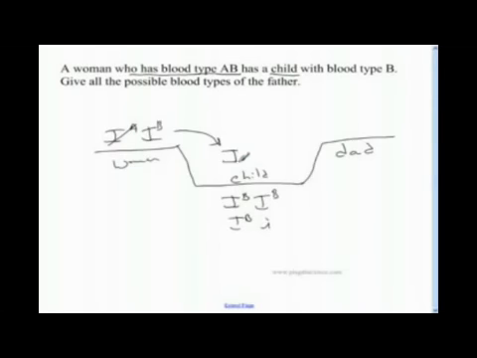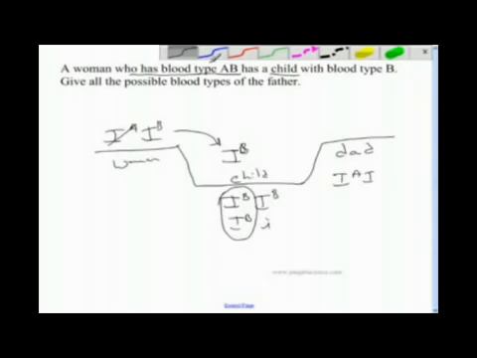And we will focus on blood type B. Okay, we will write down the possible blood types of the father. Can it be homozygous blood type A? No, I don't think so, because the child is blood type B, so it's not possible.